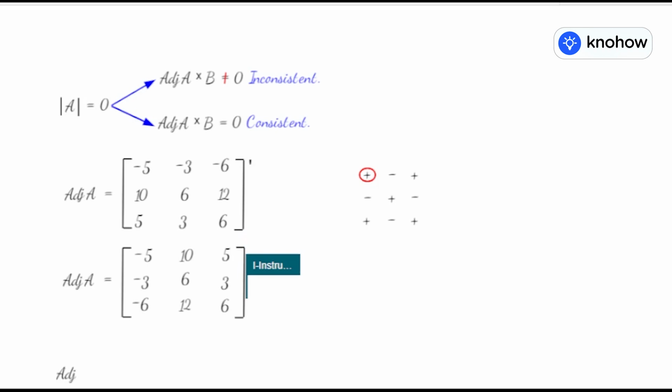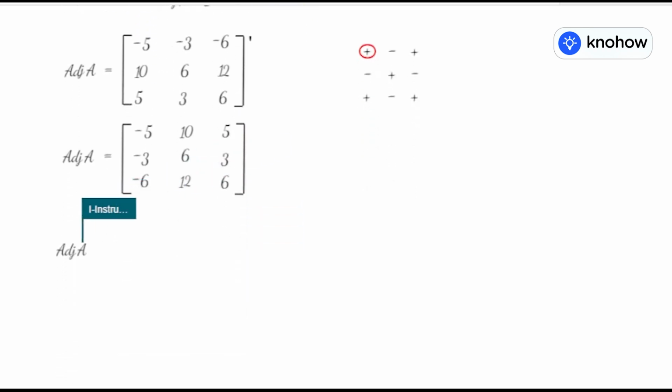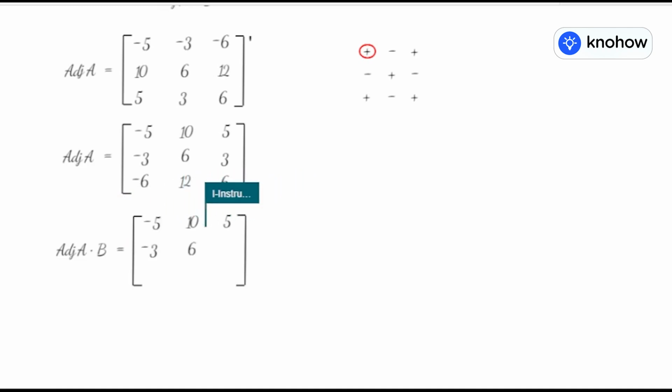Let us find out the product adjoint A into B. That is minus 5, 10, 5, minus 3, 6, 3, minus 6, 12, 6, multiplied by B, the constant matrix, that is 2, minus 1, 3.